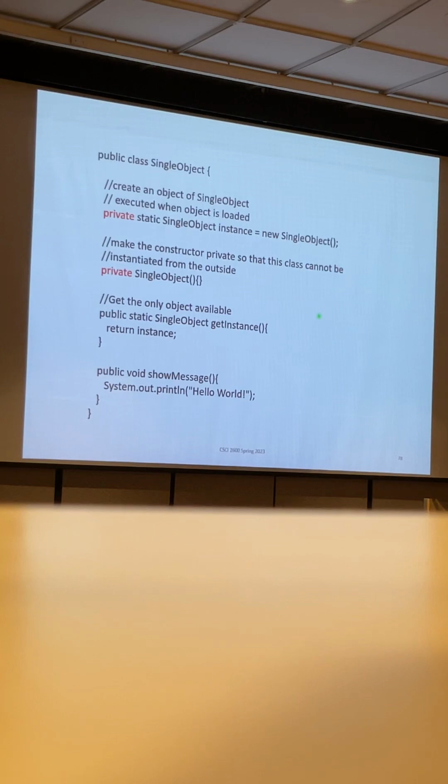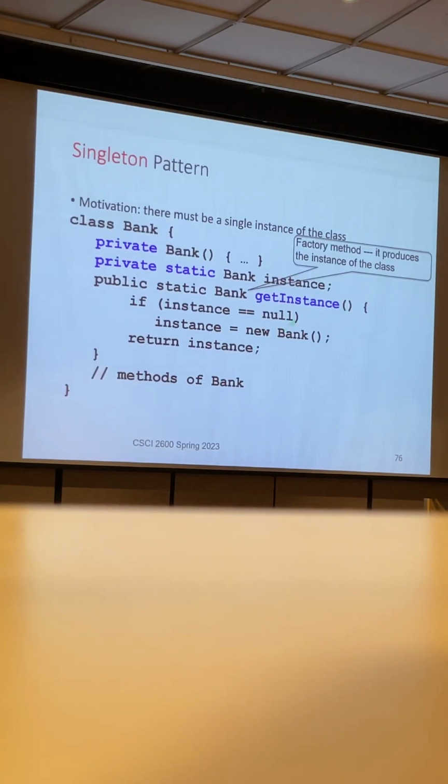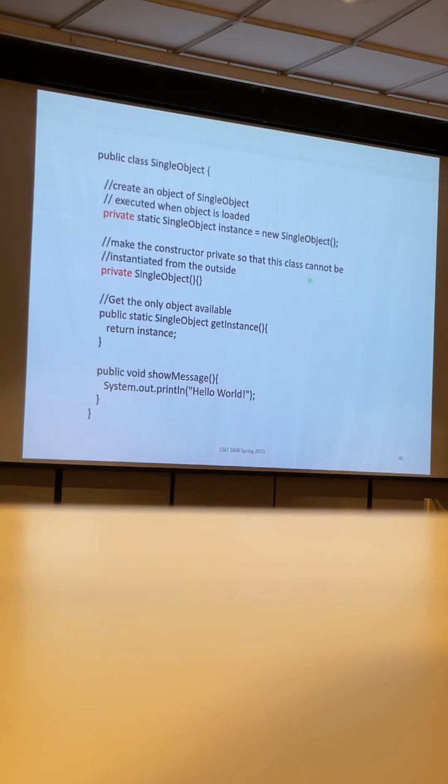In the previous one, we could have no instances or one instance, never more than one, but it was possible for us to have no instances if no one ever called getInstance, because this instance is a field which is initialized to null when the Bank class is loaded by the JVM. In this example, an instance is created when the class SingleObject is loaded. So we cannot have a case where no instances of SingleObject exist.